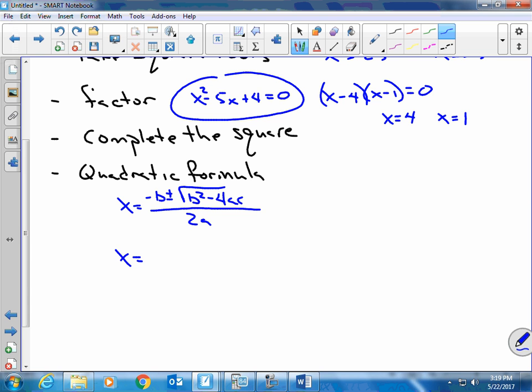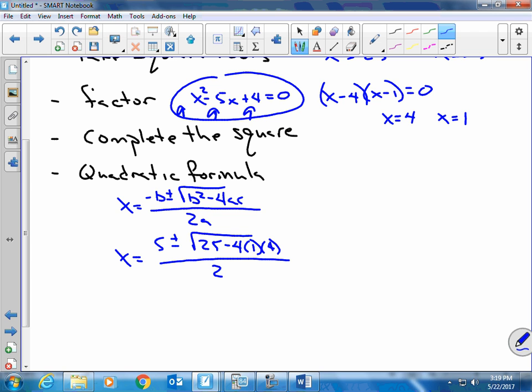So x equals negative b. My coefficient of x squared is a, my coefficient of x is b, and my constant is c. So negative b is negative negative 5, plus or minus the square root of b squared, which is 25, minus 4 times a times c, all over 2a.